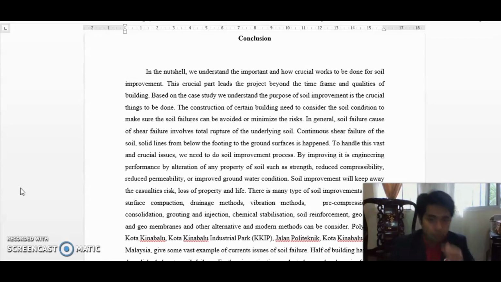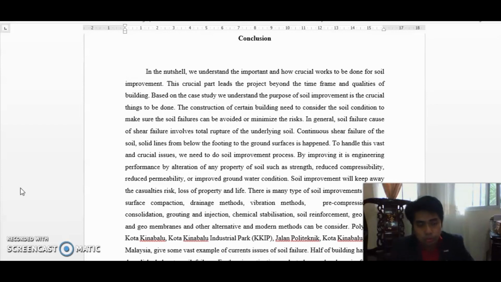So in general, soil failure caused by shear failure involves total rupture of the underlying soil, where continuous shear failure of the soil element from below the footing to the ground surface happens. To handle this issue, we need to do a soil improvement process.